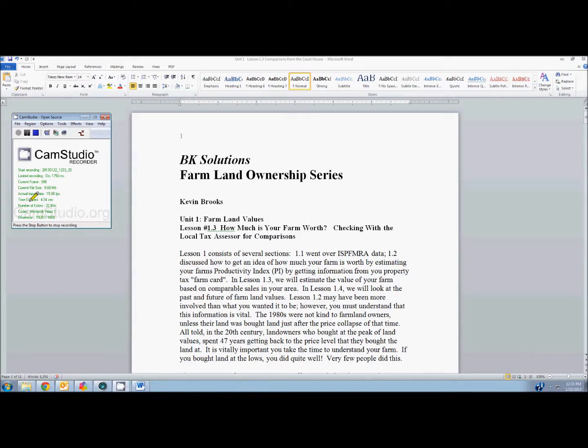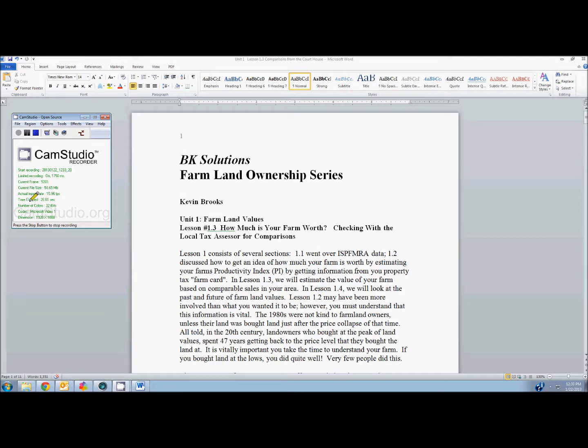Okay, let's get started on Lesson 3 of Unit 1, How Much is Your Farm Worth? We're going to be talking about using your local tax assessor for comparisons. Just a quick review, in Lesson 1 we went over the Illinois Society of Professional Farm Managers and Rural Appraisers data and how you can glean from that.